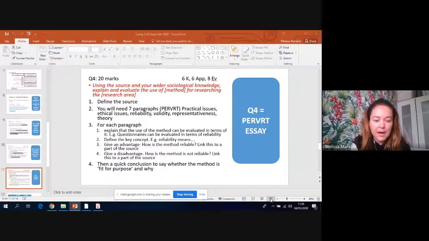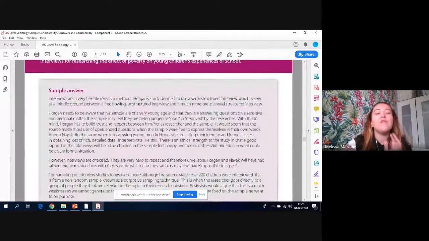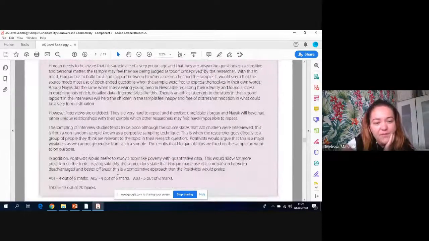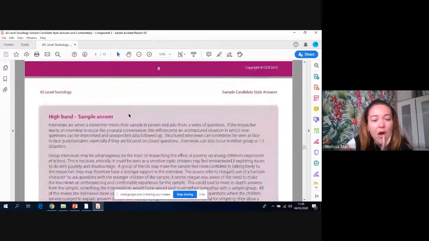So let's look now at the exemplar. This is a low answer. That would take, what, 10 minutes to write? They've got some good stuff in here. They've referenced the source, but this, however, is the high band sample answer.